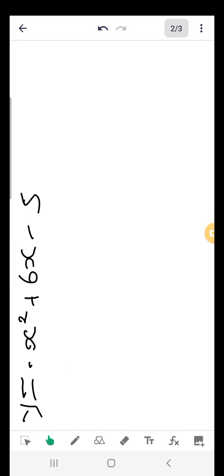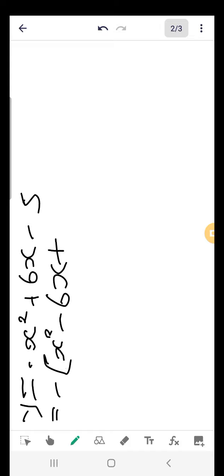Now we come to our equation here, which says y is equal to negative x squared plus 6x minus 5. Alright, now we're going to say all this is equal to negative. Now we take negative to the outside, then we're left with negative into positive x squared minus 6x plus 5.